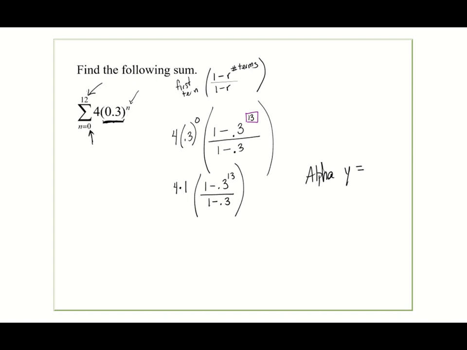I'm going to type in the 1 minus 0.3 raised to the 13th power. In the bottom of the fraction, I'm typing in the 1 minus 0.3. That way I don't have to worry about all my parentheses and all that fun stuff. And it tells me when I do this out that my sum was 5.71. So I was able to quickly find the sum of that geometric sequence.